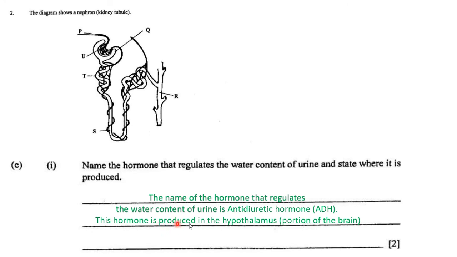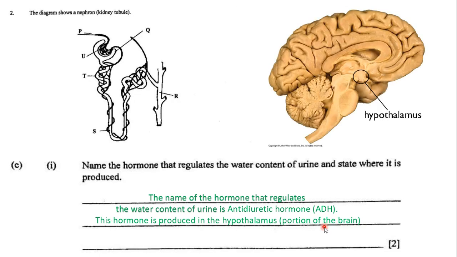This hormone is produced in the hypothalamus, which is an area of the brain, and this is pointing to the hypothalamus. So the name of the hormone is antidiuretic hormone.